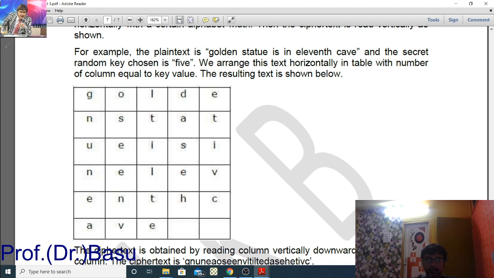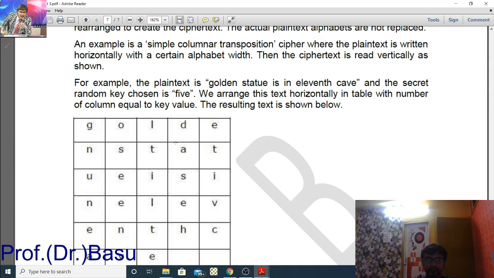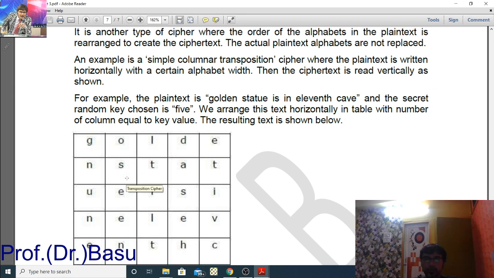So this way we are getting a cipher text, but while writing this text, we will be avoiding the duplicate characters. Here golden, then stat, statue. Just wait for a while.